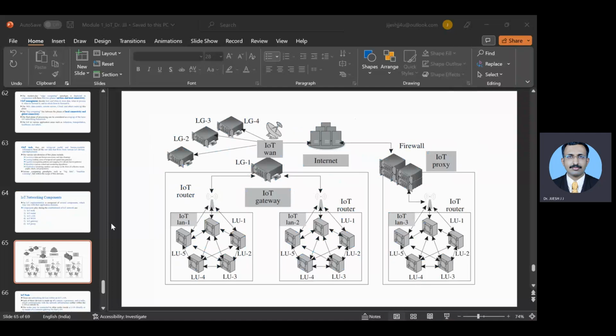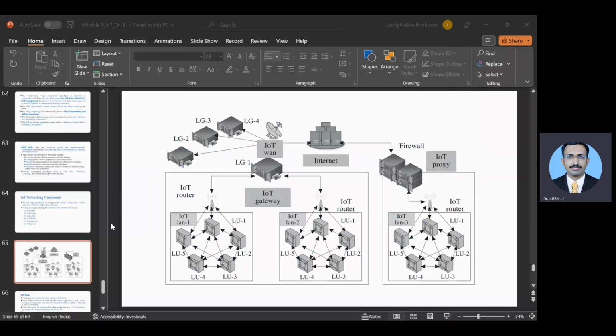IoT WAN. We have studied WAN in the last class. It is going to have a global, wider coverage. So you may have different devices connected to this gateway, and you have plenty of gateways.